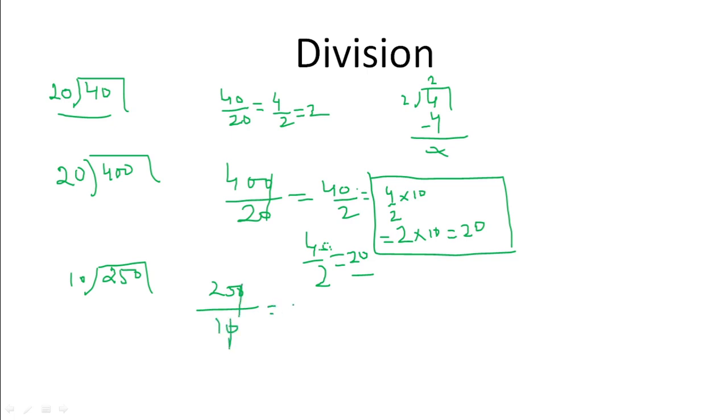Now this is 25 divided by 1, and when we divide any number by 1, it doesn't make any difference. So this is 25. So no need to use long methods. Okay, so we just leave the zeros at the end. In this way we can divide some numbers easily.